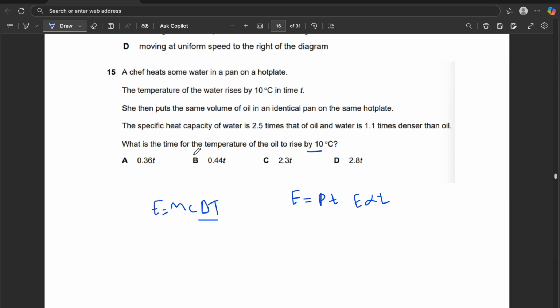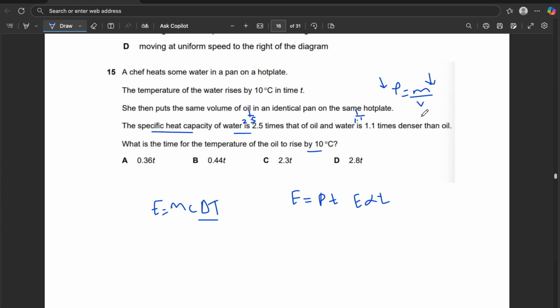So we need to consider the oil. Oil has 1 by 2.5 times the specific heat capacity of water, and it's 1 by 1.1 times the density, which means that rho is equal to m by V, right? V is constant. So if density is lower for oil, then mass will be lower at the same volume.